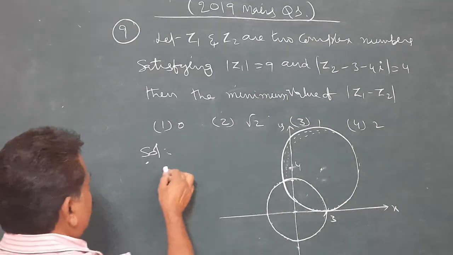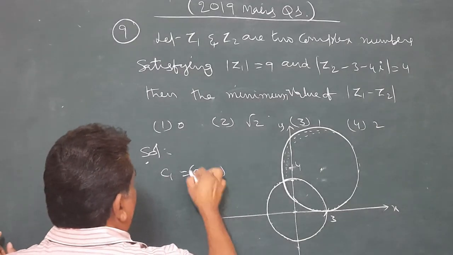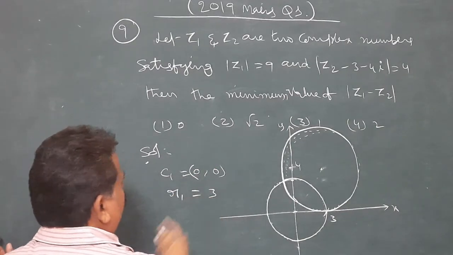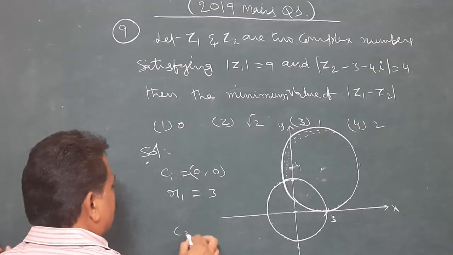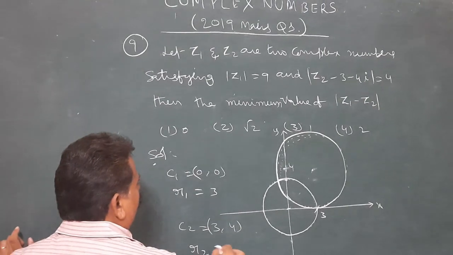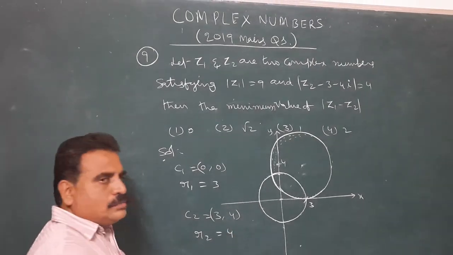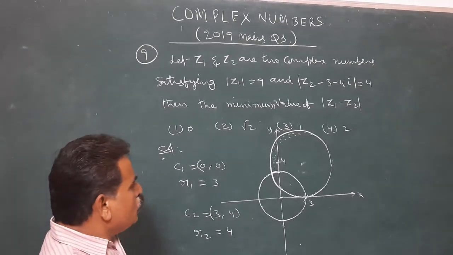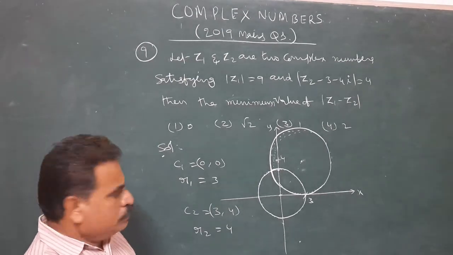The first circle has center 0, 0 and radius 3. The second circle has center 3, 4 and radius R2 equal to 4. Clearly, these two circles are intersecting.